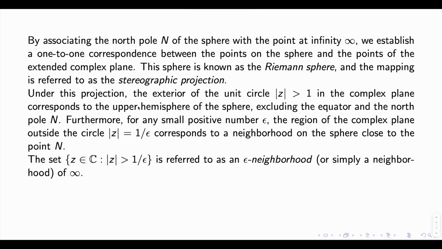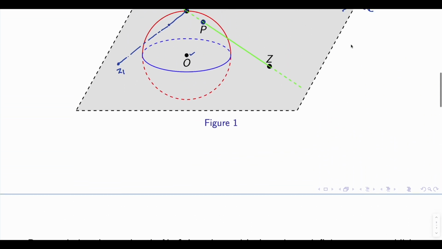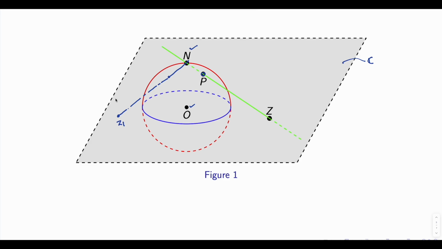So it means we associate the North Pole of the sphere with the point at infinity. The North Pole will be associated when you are reaching infinity. Because if you take any finite point in the complex plane, let's say Z2, then whenever you take a straight line, it will definitely intersect some point on the sphere.